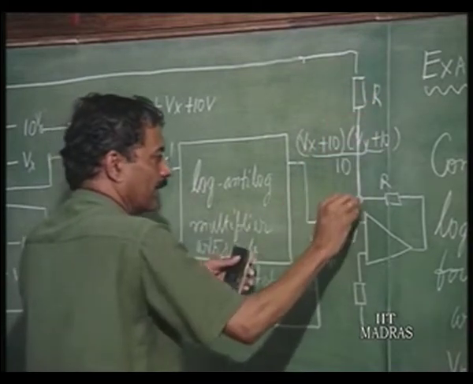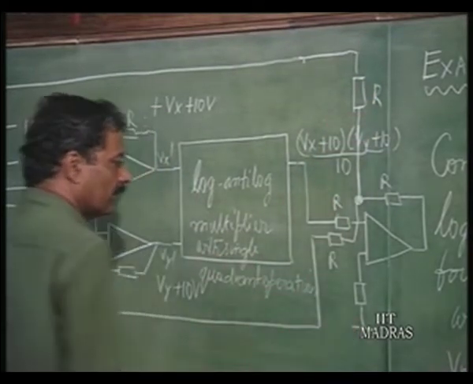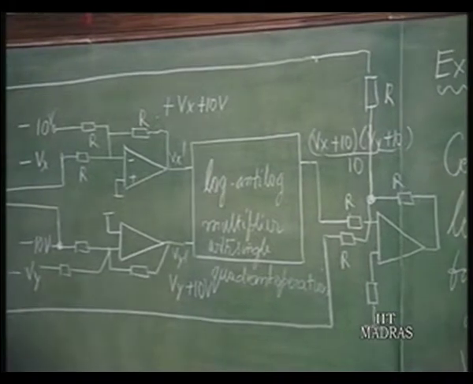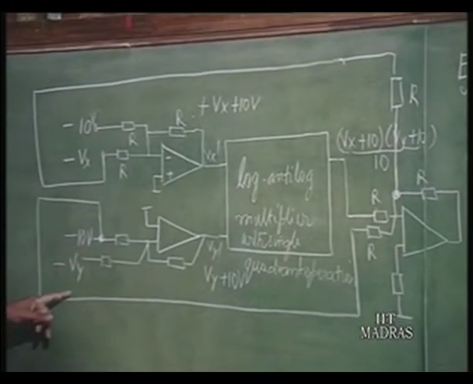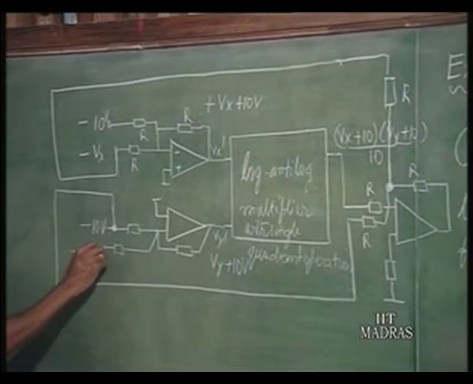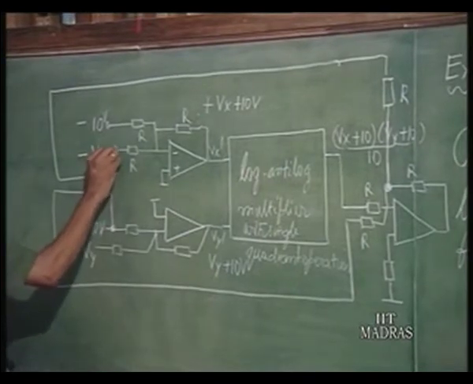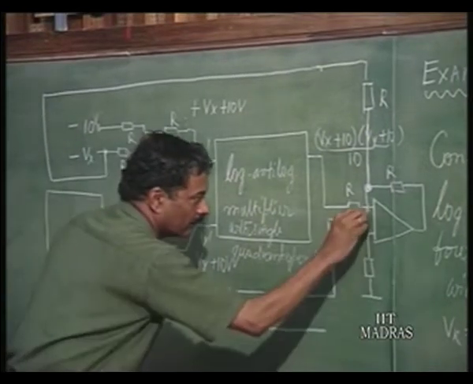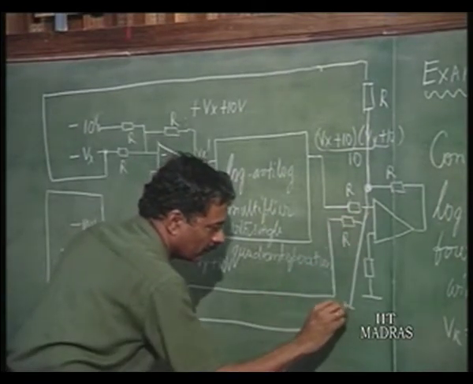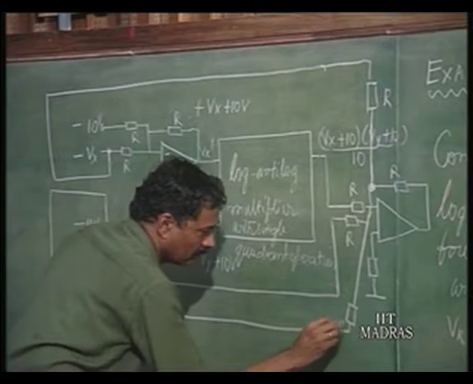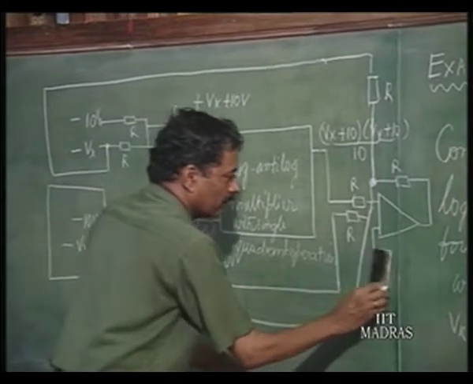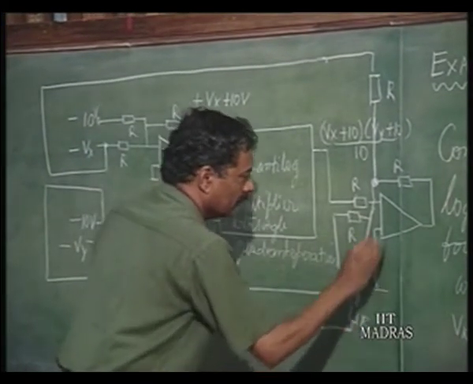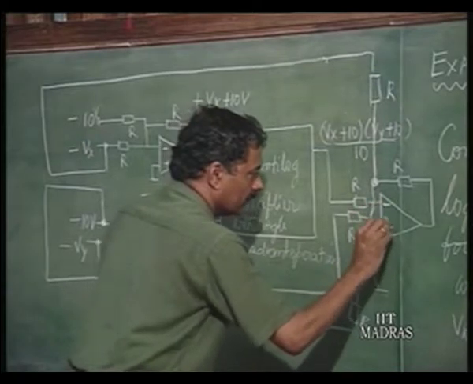R at this node. Then similarly, we want to remove Vy, can also therefore put this R. So, that is the circuit, very simple circuit.